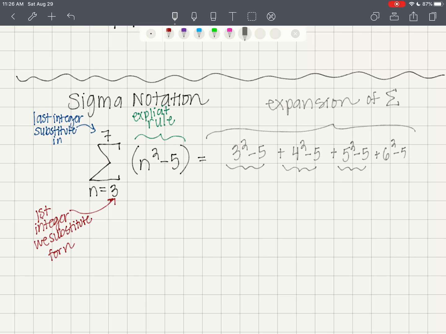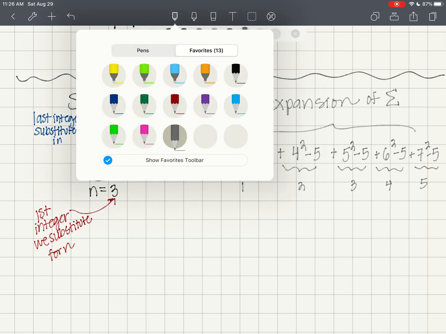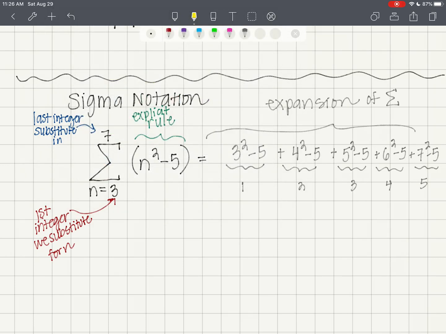And then we put in 6 squared minus 5. And then we put in 7 squared minus 5. Now, 1, 2, 3, 4, 5 values that we're going to be adding together.